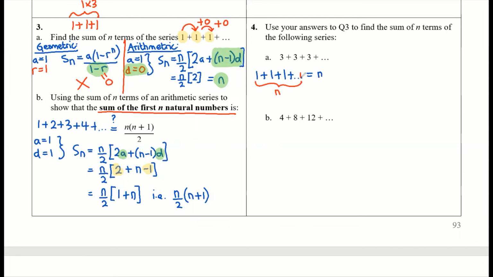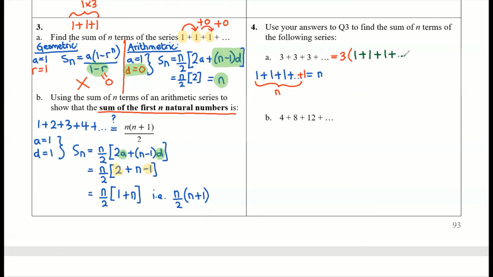So there'll be maybe a plus 1 there as well, just for the nth term. Okay, can we use that? Well, yes, we can. This is going to be equal to, I can factor a 3 out of all of these. So this is going to be 3 multiplied by 1 plus 1 plus 1 plus, and the rest.